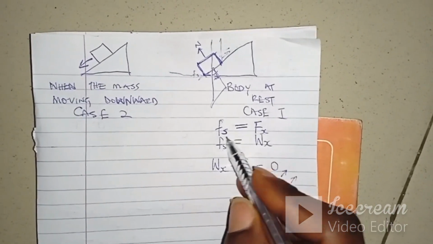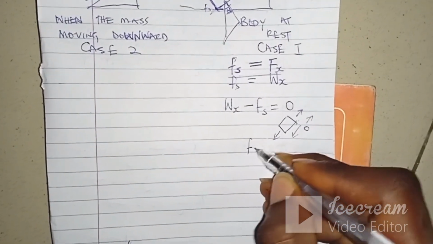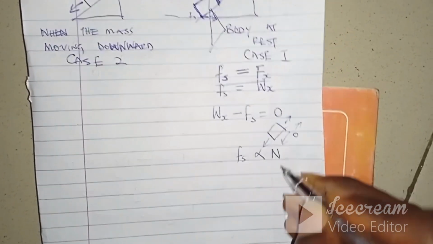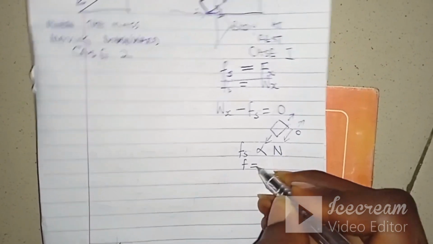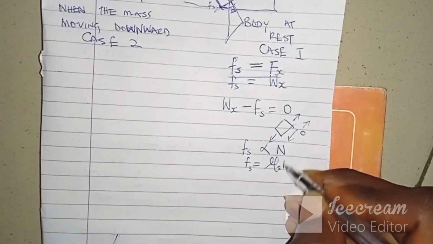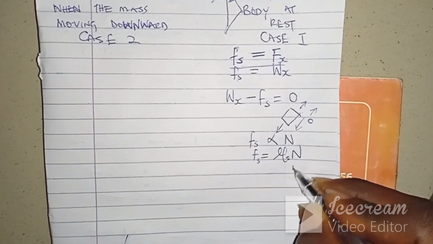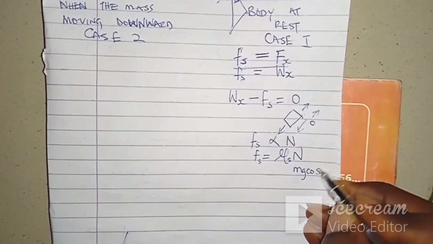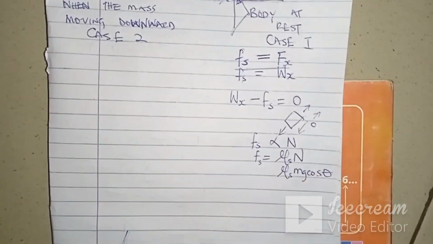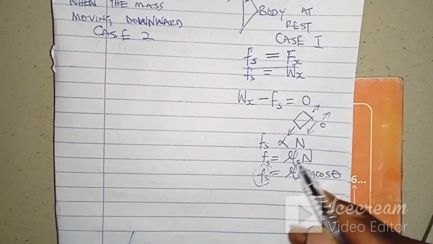So we can now expand this. We know that frictional force is directly proportional to normal reaction. When you introduce the proportionality constant, static friction becomes mu s times normal reaction. I remember from the earlier example, normal reaction is mg cos theta. Then you have your mu s. So this is equal to this.